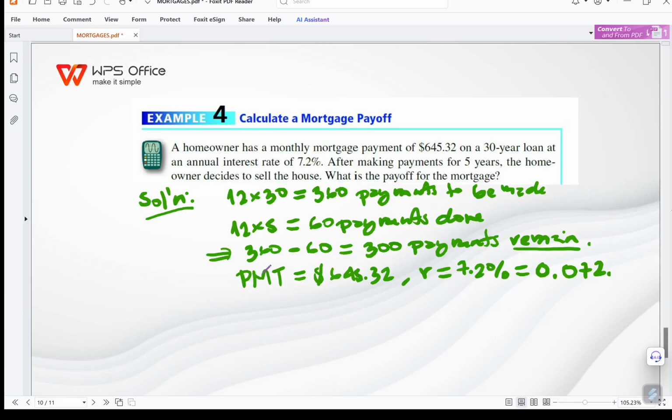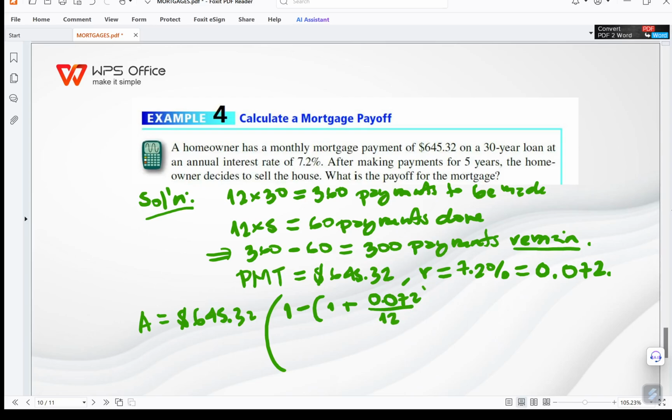So A to be paid is equal to the PMT, which is $645.32, multiplied by 1 minus 1 plus our rate, 0.072, divided by 12, because the payment is done monthly, raised to the negative of the remaining number of payments, which is negative 300.